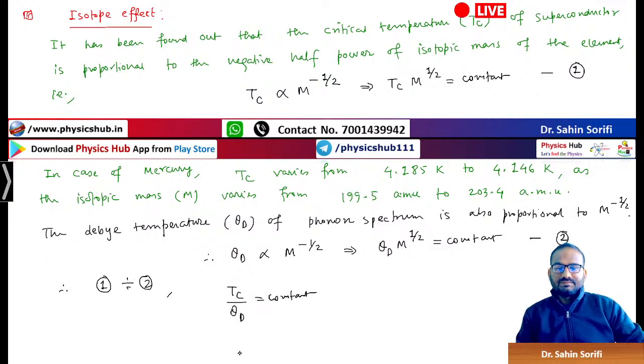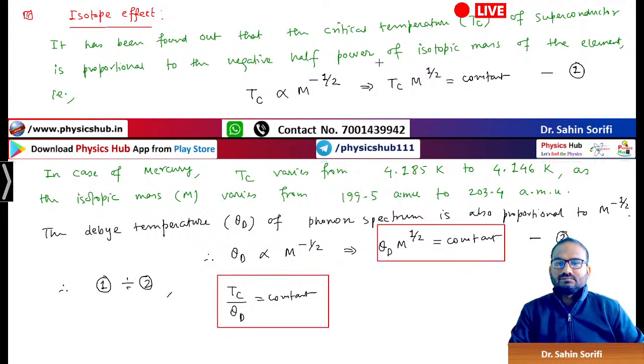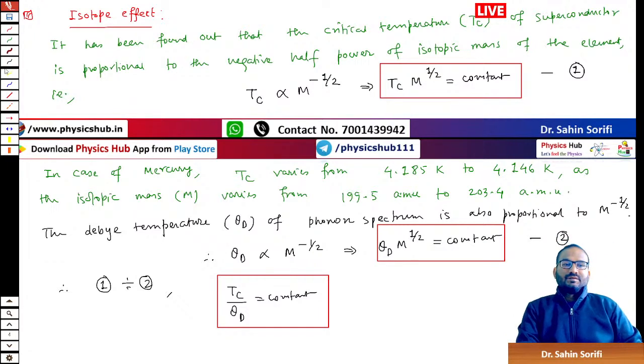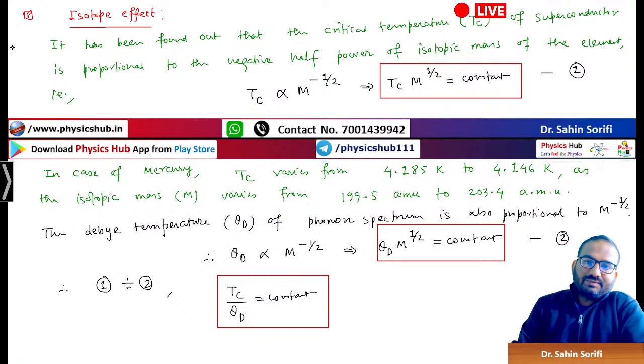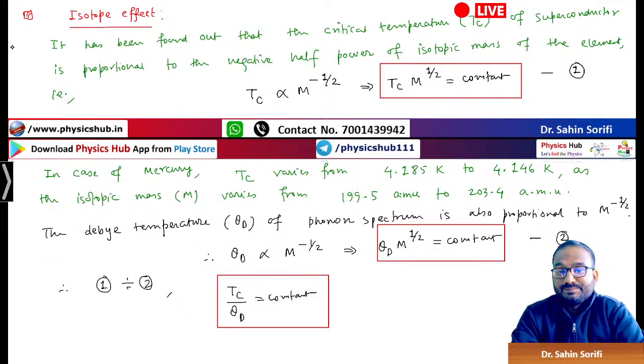So remember these three formulae: how the isotope effect decides Tc, and how the Debye temperature decides isotopic mass.